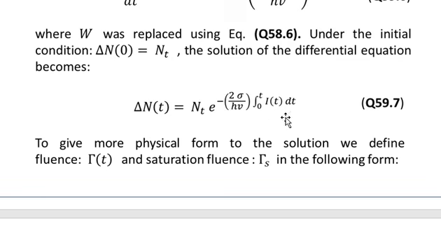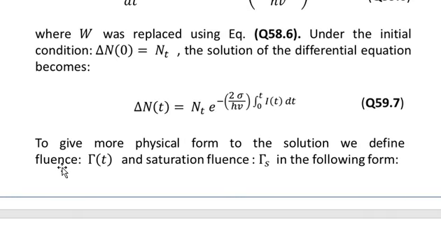Now we can identify some terms over here and write this in other forms. For example, the integral from 0 to t of I of t dt may be identified as the fluence of the pulsed beam. Let me read the text. To give a more physical form to the solution, we define fluence gamma of t. So we can represent this integral by gamma of t.